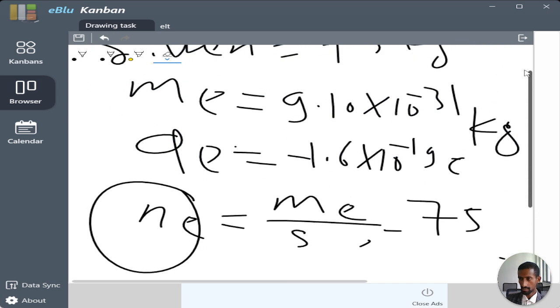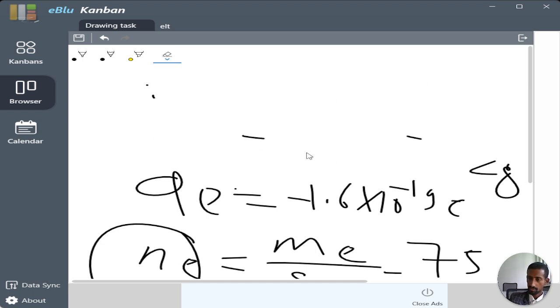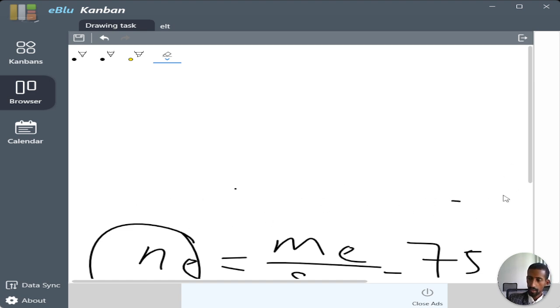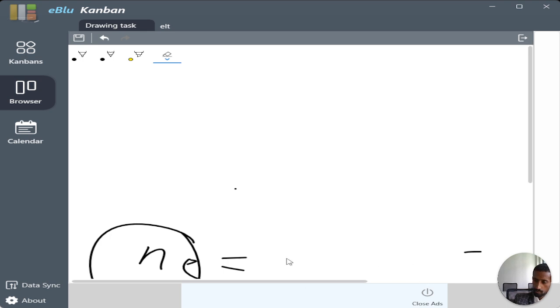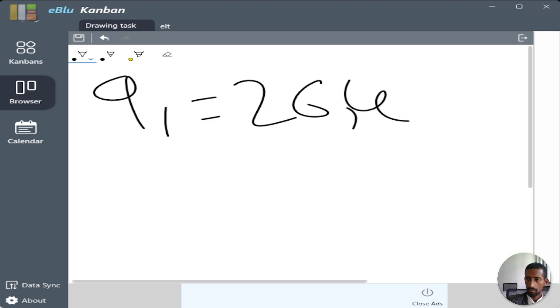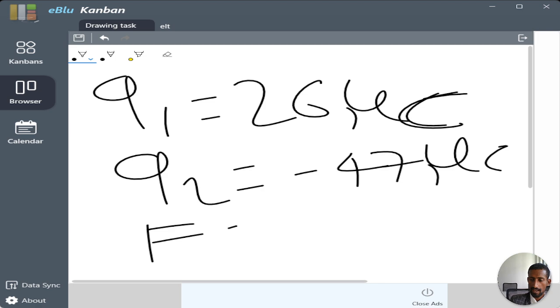We have given the charges: Q1 is 26 microcoulomb and Q2 is minus 47 microcoulomb, and the force is attraction because the charges are opposite, 5.7 Newton.